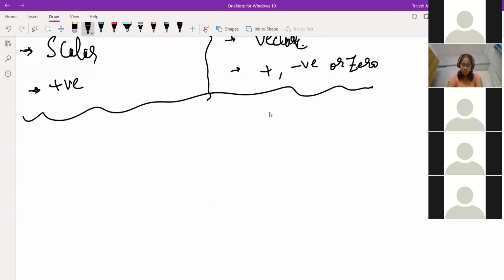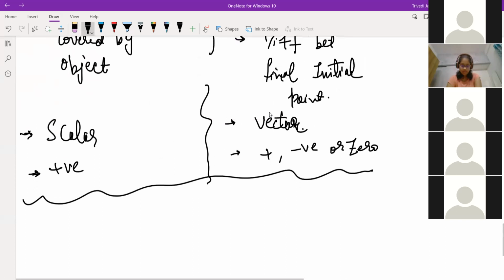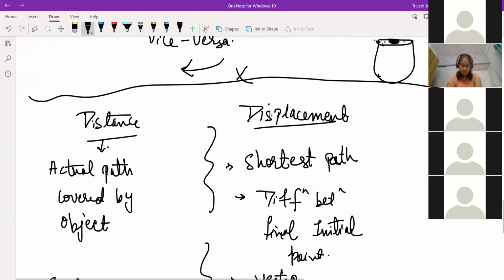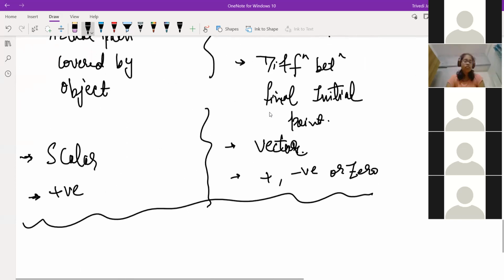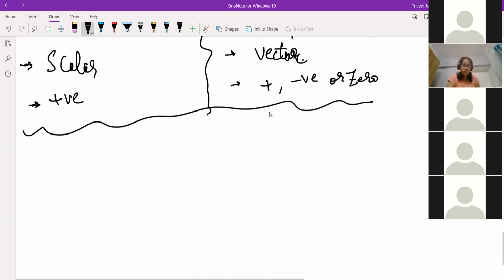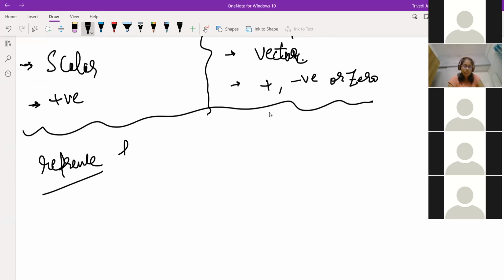Okay. Now this also depends upon the reference of position. Where the person is standing, how he is looking, and what the position of the object is. That is called a reference frame.